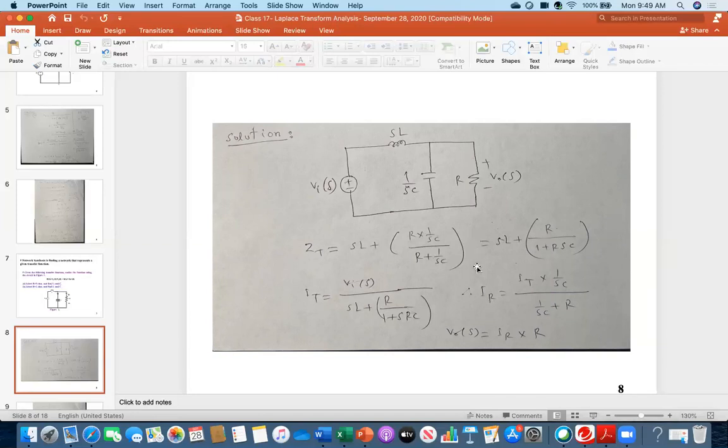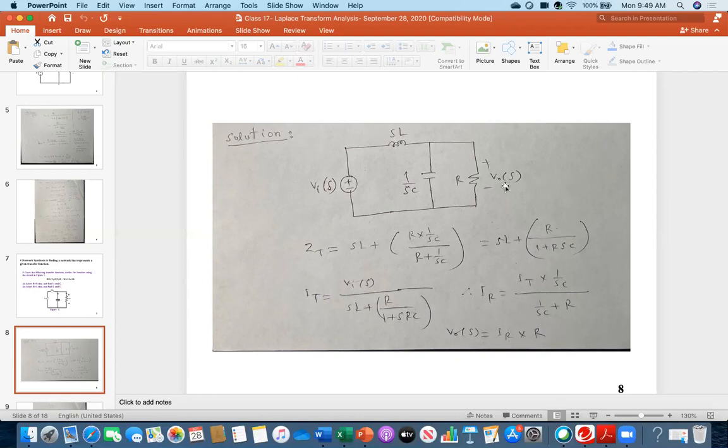And then I am applying the current divider rule. This means total current IT multiplied by this impedance, divided by this plus this. That will be my current divider rule. And then once I got IR, what is your Vo? Your Vo is this current multiplied by R. I have written it in that format, Vo is IR multiplied by R.